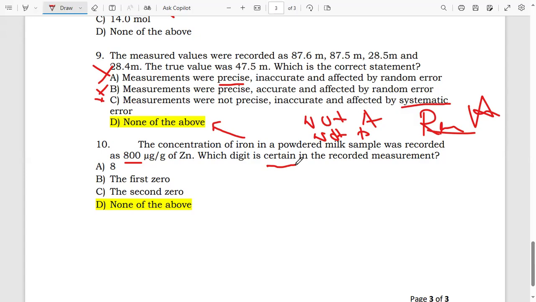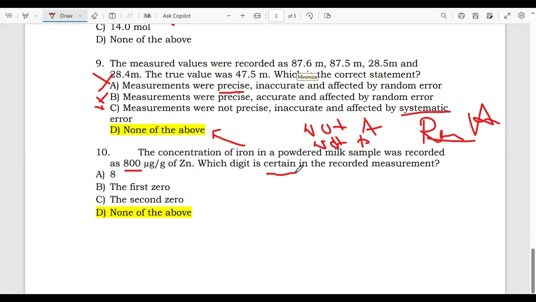I think it's 8. It's 8, right? Yes. Why do you think it's 8? Because it has one significant figure. The zeros are not counted. Okay, someone says there are no uncertain digits, yes.